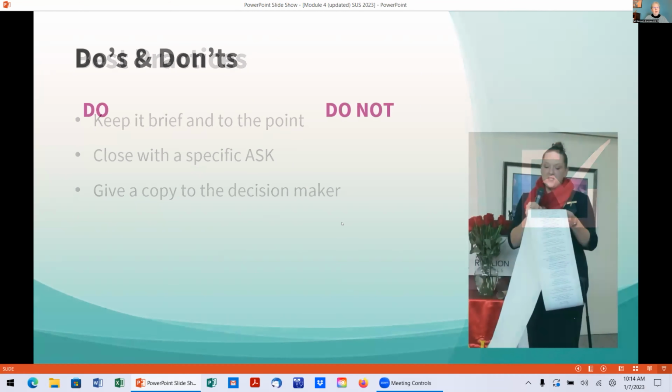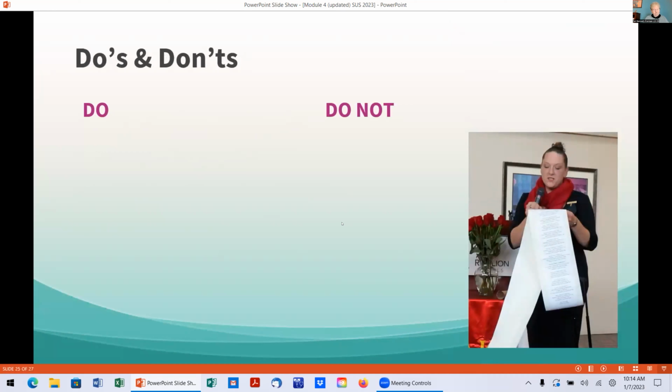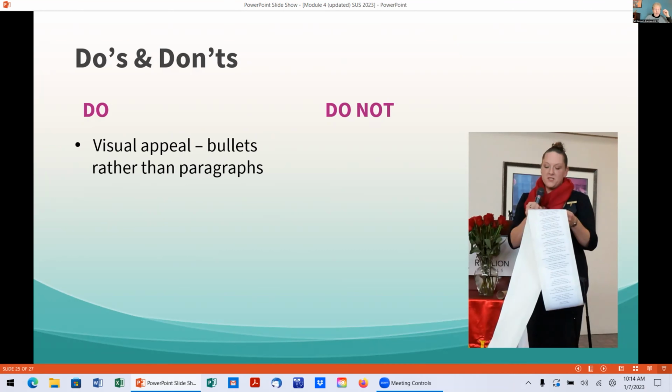So some quick do's and don'ts. Your written testimony, the document, should be brief and easy to read. So do use bullets for your facts section and your positions rather than paragraphs. Do be sure to use keywords and highlight those words so that they pop right out there to the person who's doing the reading.